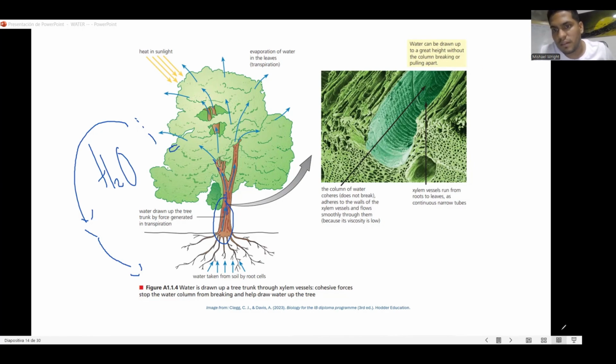All right, so water can be drawn up to a great height without the column breaking or pulling apart. Xylem vessels run from roots to leaves as continuous narrow tubes, as you can observe here. The column of water coheres and does not break, and it adheres to the walls of the xylem vessels and flows smoothly through them.